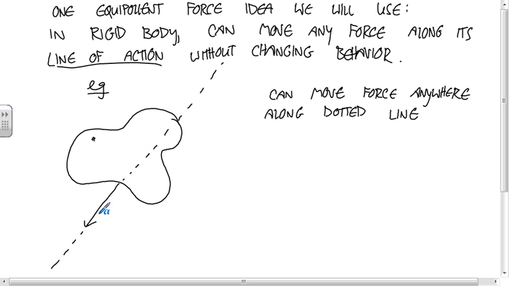And so no matter where you move this force along the line of action, if you took that cross product, you'd get the same thing. That's the reason that it works, because you're still just this distance from the line of action, from the about point.